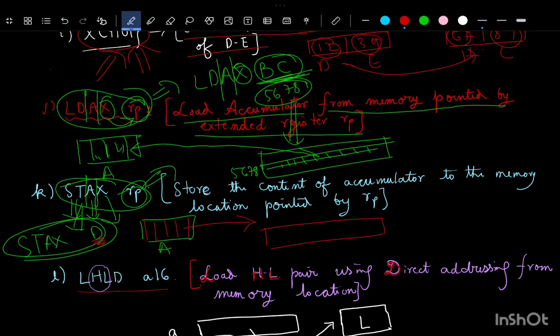The content of the DE pair is the memory address to which the data from the accumulator has to be loaded.